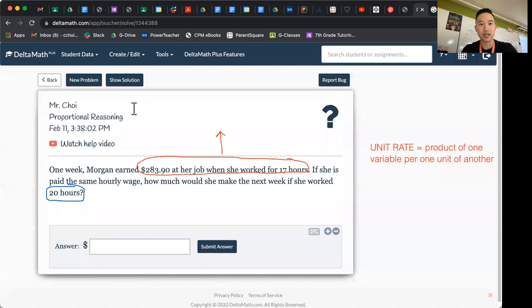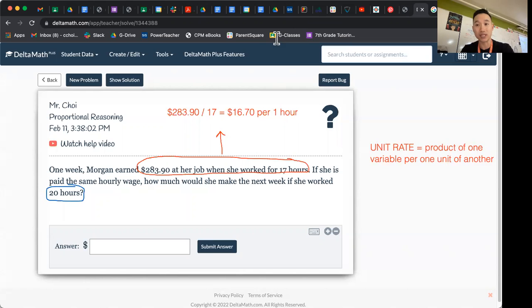And how you're going to do that is you just divide the total amount of money that she earned by the 17 hours, which is the total time that she worked. And if you divide those, you get 16.7. So this is how much she is earning per 1 hour. She's earning $16.70 for every 1 hour that she works.